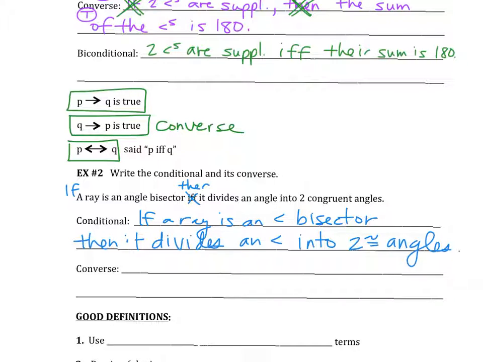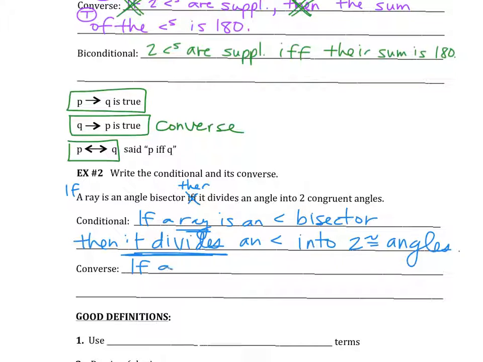And just be careful with converses. You want to make sure that you know at the beginning of the sentence what you're talking about. So even though right here it says it divides, we want to know what it is right off the bat. So don't say if it divides, you want to say if what? What is it? If a ray, right? We were talking about a ray initially.